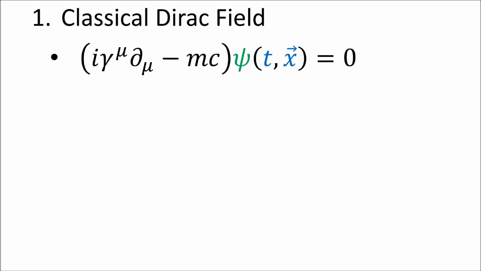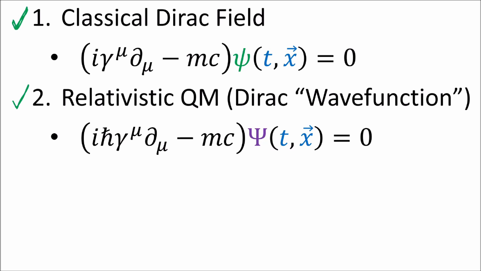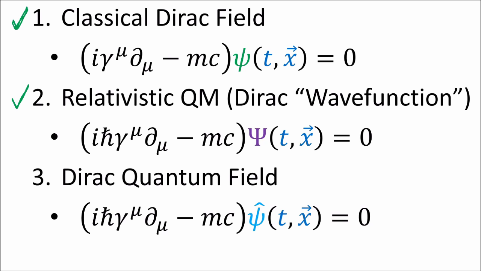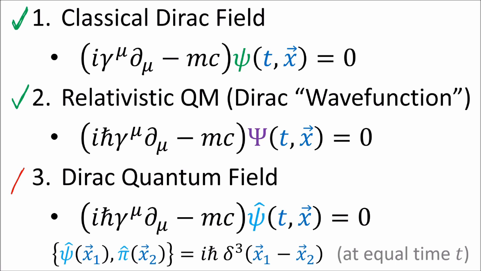Instead, I'm just going to focus on the simpler cases involving a classical Dirac field of spinors where no quantum mechanics is involved, and also seeing how these same solutions to the Dirac equation can be interpreted in relativistic quantum mechanics, and how Dirac spinors keep track of both matter and antimatter for spin 1/2 particles. I will not be looking at the Dirac equation where the quantization procedure has been applied, making it a true quantum field. I'll start going through more careful derivations, solutions, and interpretations of the Dirac equation in the next few videos.